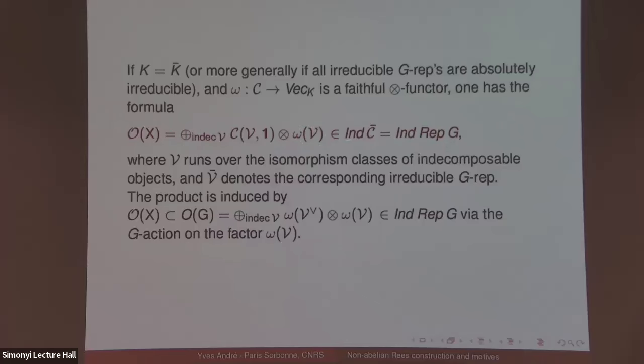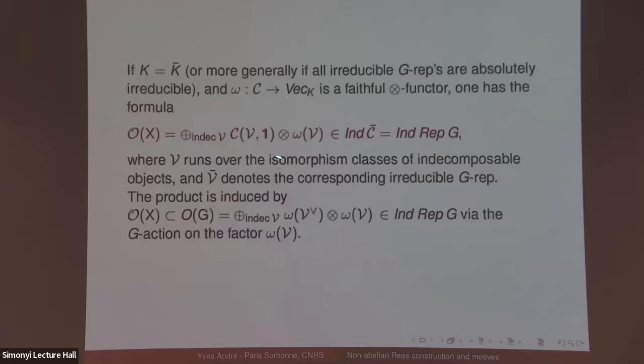Okay. And in fact, this is nice because you see on this formula, of course, you have this omega. Here, these are just morphisms in the category C. You can take omega, so this embeds into some vector space.